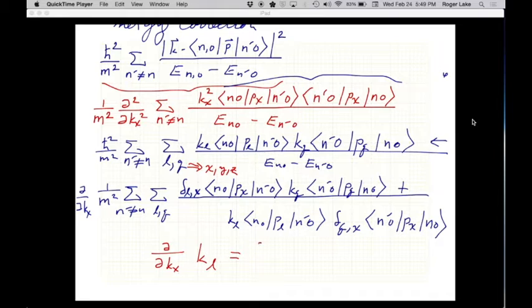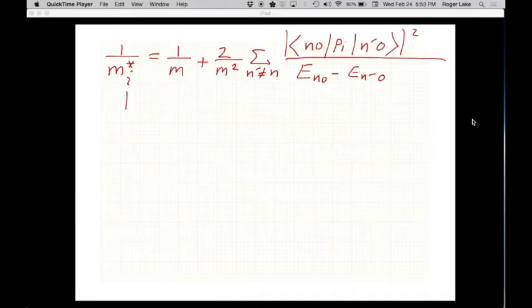So that just gives me my Kronecker delta x comma L. And then I have a k_L and a k_Q, so I have to do this like product rule. There are two independent k's in that sum. And then I do it again, and what I finally end up with is 1 over m plus 1 over m squared, sum over the bands. This index is for x, y, or z.